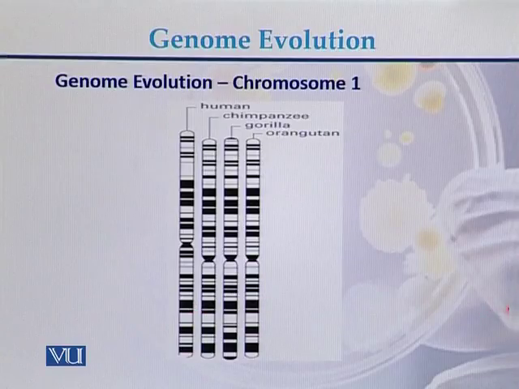As genomes have evolved from single ancestors, there are similarities between the genetic signatures. Here is one example in the case of chromosome 1 in human, chimpanzee, gorilla, and orangutan.